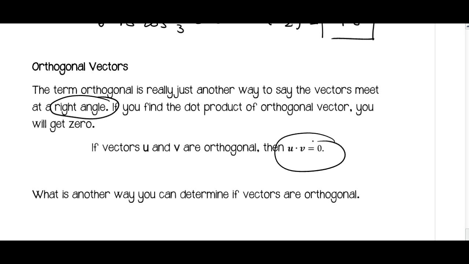So you could find the slope of the vectors and see if they're opposite reciprocals. If they're opposite reciprocals, then they would be orthogonal, or you could just do the dot product of the two vectors, and if it turns out to be 0, then you know that they're perpendicular or orthogonal. So a little bit of vocabulary there, make sure you know that.